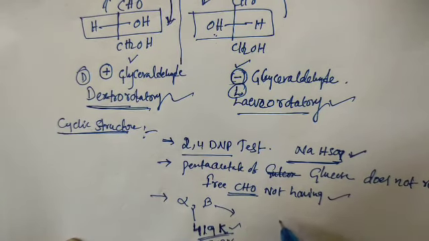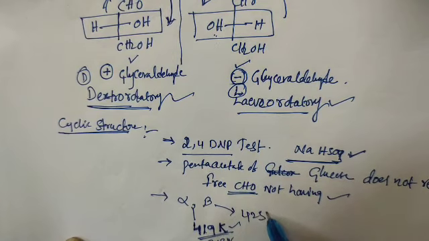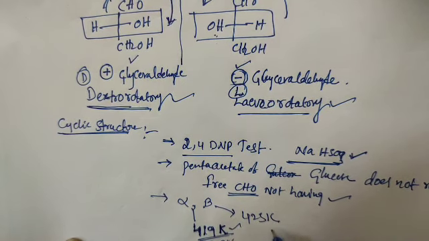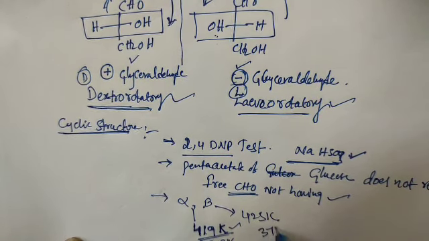Next, the beta form, 423 Kelvin, is obtained by crystallization from a hot saturated aqueous solution at 371 Kelvin.